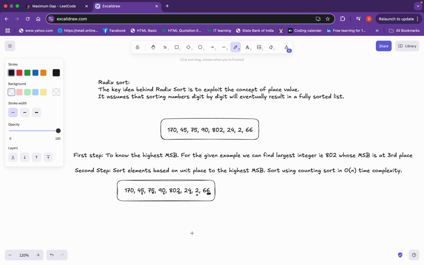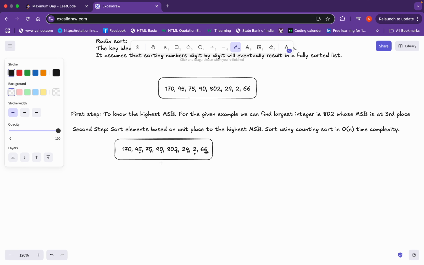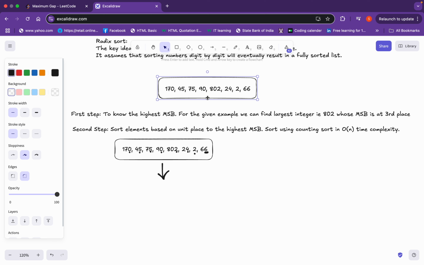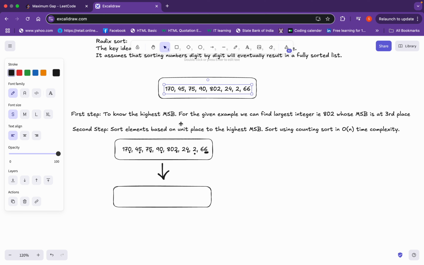Alright. And also this. So using Radix Sort, the resultant array would be looking something like this. We'll make the resulting array.